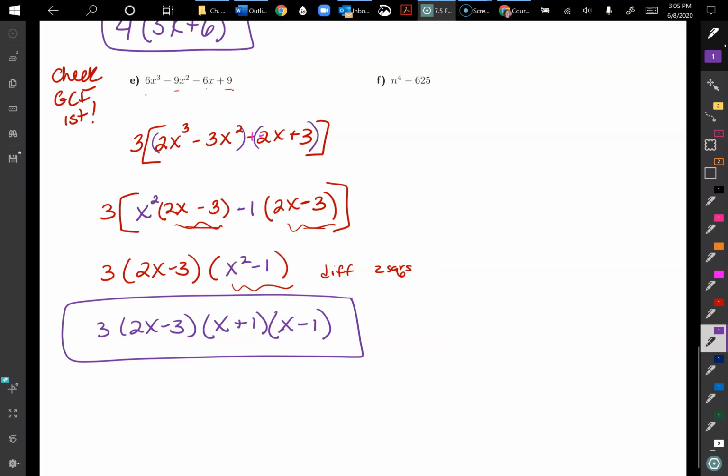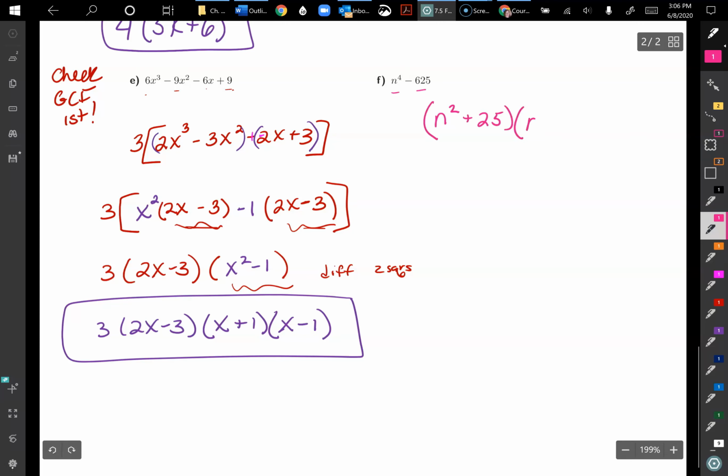Last one here in this section is n to the 4th minus 625. So I actually have the difference of 2 squares: the first is n squared plus the square root of the second, which is 25, times n squared minus 25.